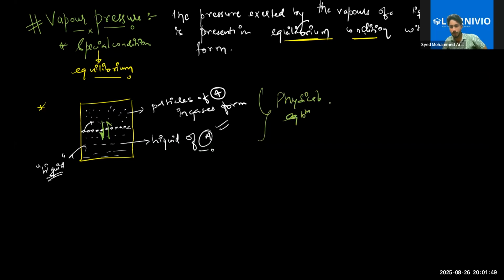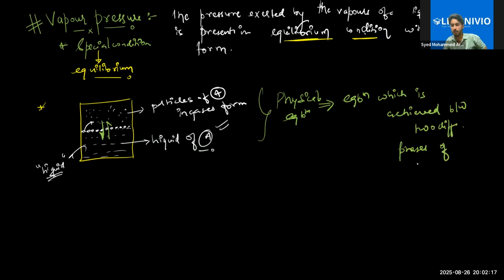The physical equilibrium is nothing but the equilibrium which is achieved between two different phases of matter.